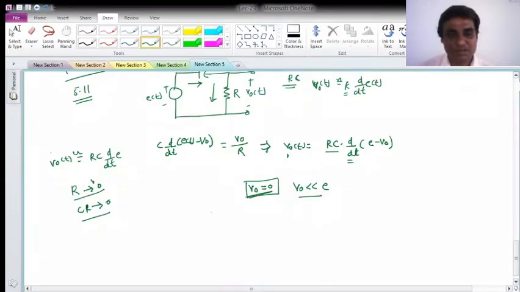So the same circuit, let me solve using the Laplace transform approach. What will be V0(s)? The voltage across it will be this divided by this plus this.